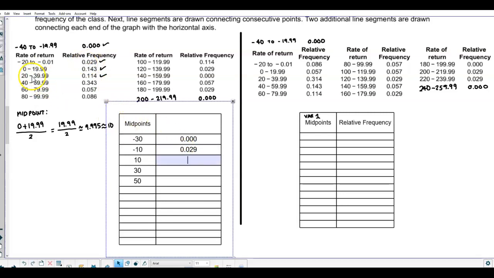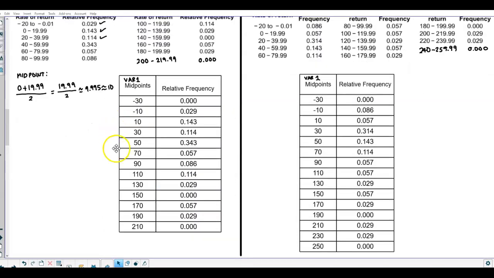And the midpoint for 10 is the class of 0 to 19.99, which is 0.143. And then for 30, it's 0.114. And then for 50, it is 0.343.